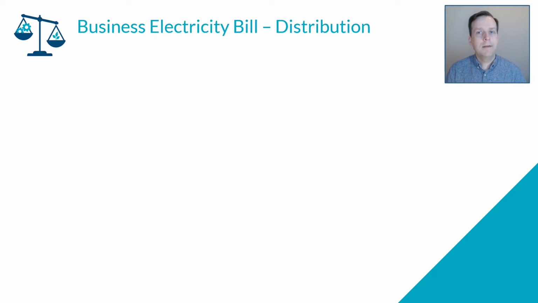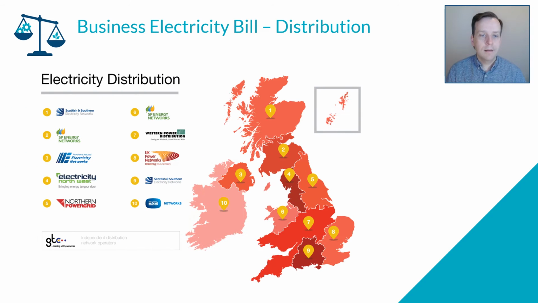Looking at the distribution, these are our actual distribution businesses in the UK. I thought I guessed six, but maybe six in England. So this is England here, Scotland, Northern Ireland, and the Republic of Ireland.